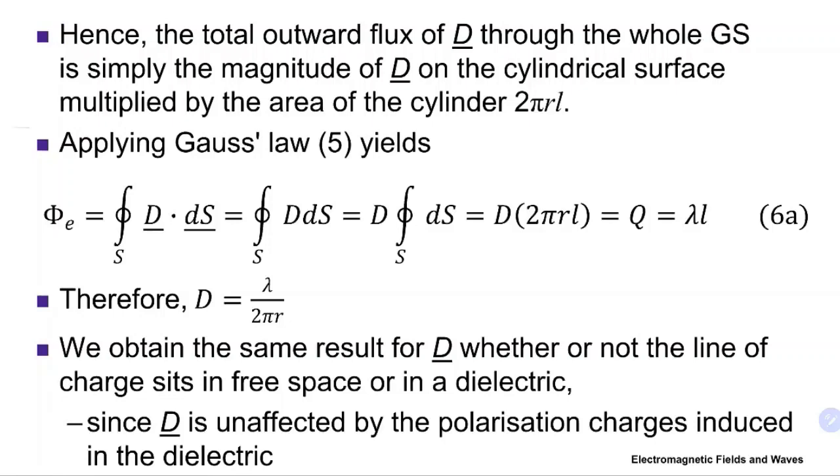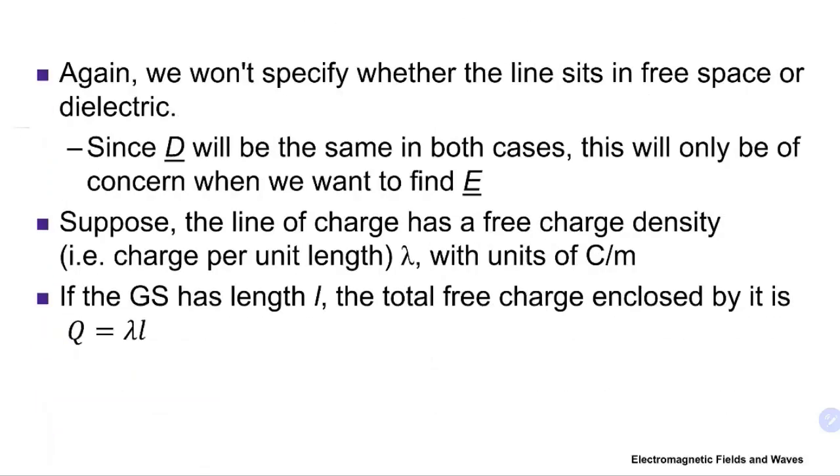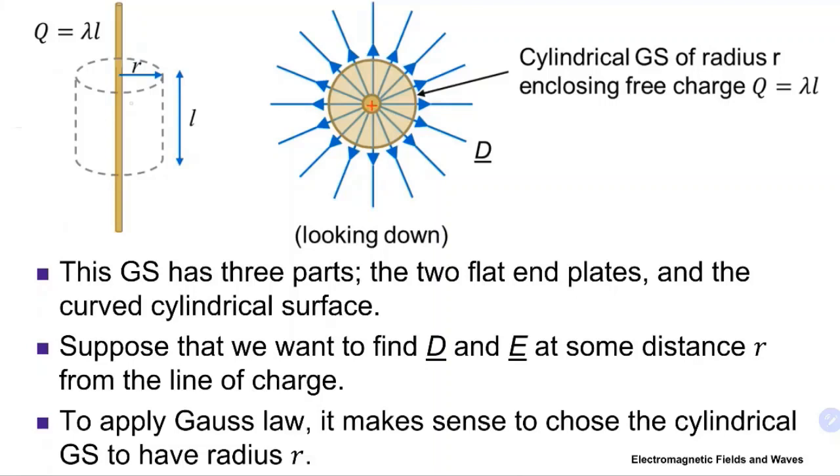The electric flux density, closed surface integral of D dot dS. In this example, our surface vector dS is parallel to our electric flux density, so our dot product is just the multiplication of the magnitudes of the two.